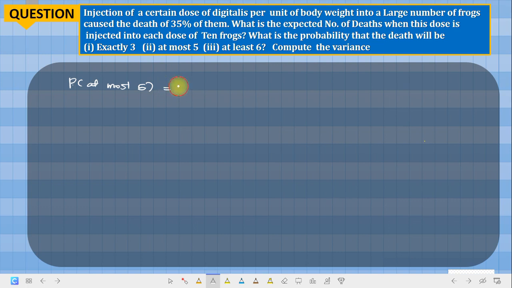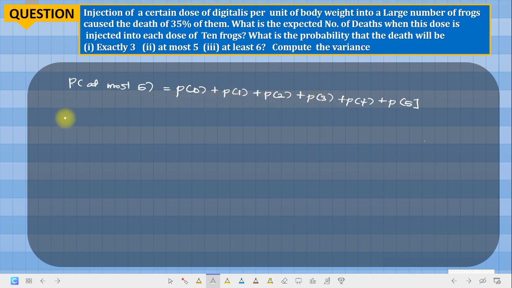The probability that none will die plus the probability that 1 will die plus the probability that 2 will die plus the probability that 3 will die plus the probability that 4 will die, and then plus the probability that 5 will die. So this is the probability that at most 5 will die.